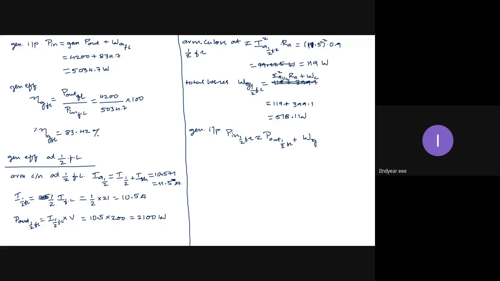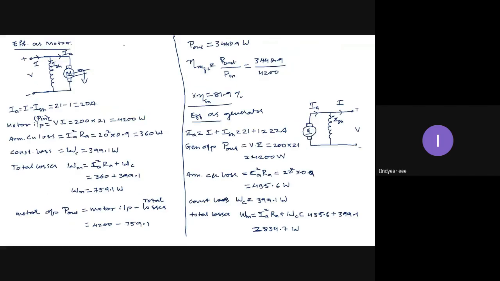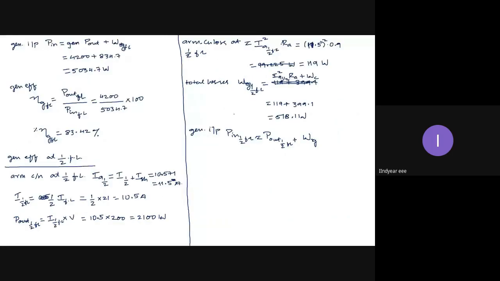Please make a note that it is WG, because this is for the generator. By mistake we had taken WM. So WG at half full load equals P out at half full load, which is 2100 watts, plus 518 watts.